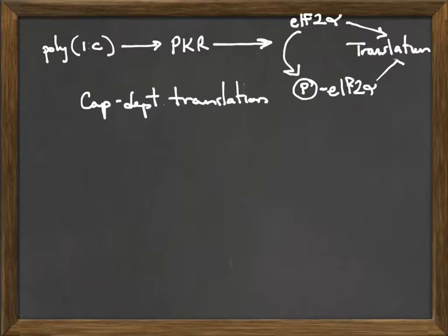Since this is being driven by the host, the viral transcripts are going to look exactly the same as the host transcripts, or at least have the same basic features. They will have a 5' cap. We know that there are introns and exons, and that there's some alternative splicing that occurs before this mRNA is exported from the nucleus, and they're going to have poly A tails.